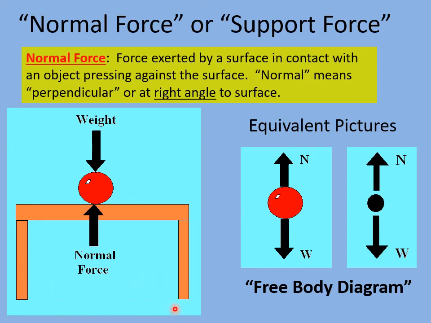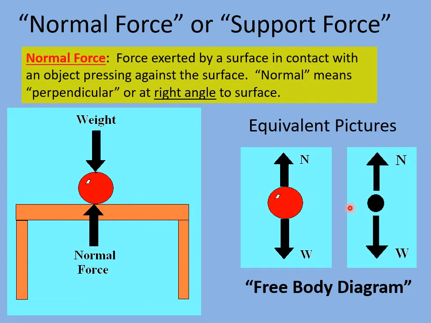And the Earth underneath, of course, is pulling down on the apple due to gravity, but we don't have to draw the Earth. Instead, we just label and draw this arrow with the weight force, the force due to gravity, pointing downward. So this is an equivalent picture to this situation over here, and it's much easier, more efficient and convenient to draw than having to sketch out this whole thing.